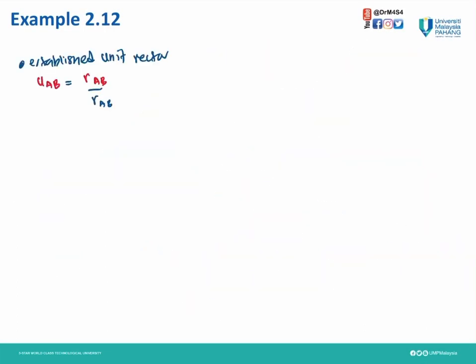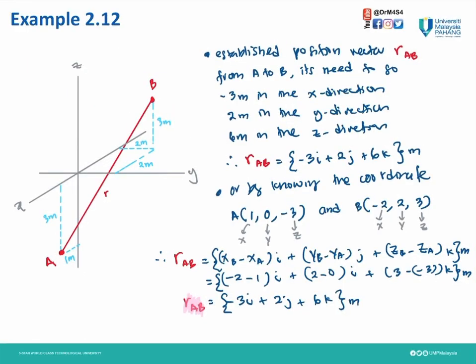Then we have to establish our unit vector UAB, which is the position vector divided by the magnitude. So we need to find our magnitude RAB. We know our position vector is negative 3i plus 2j plus 6k.